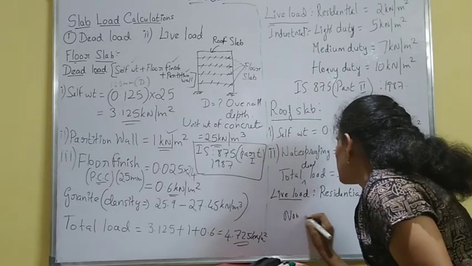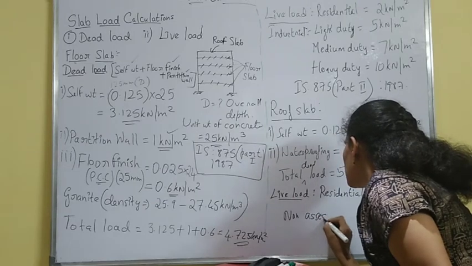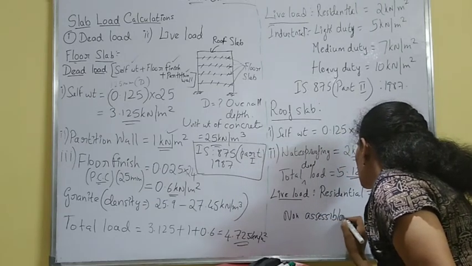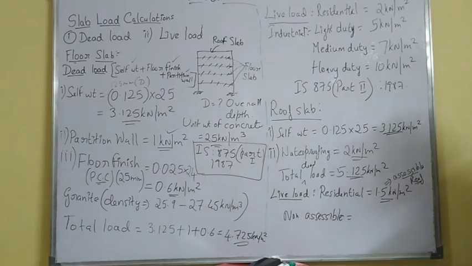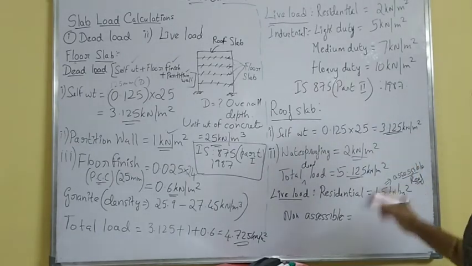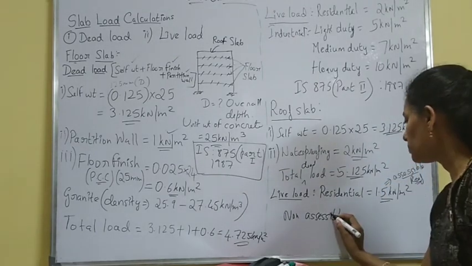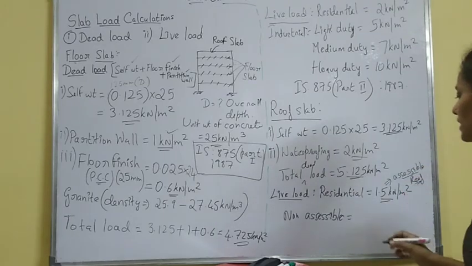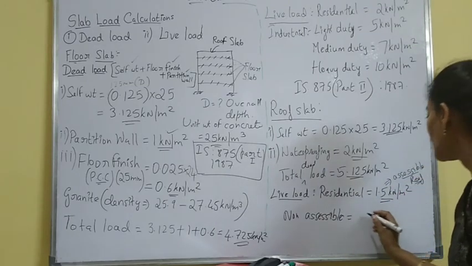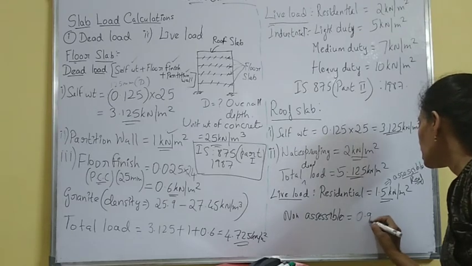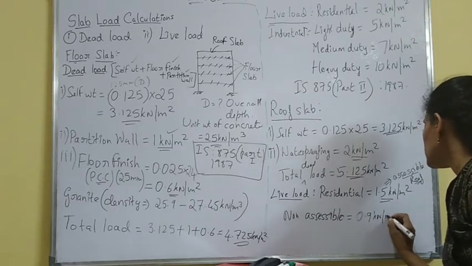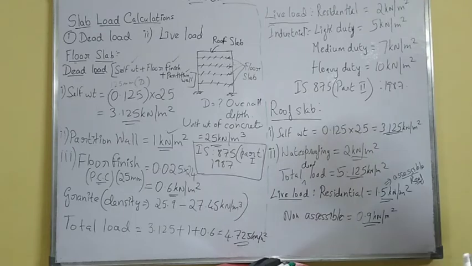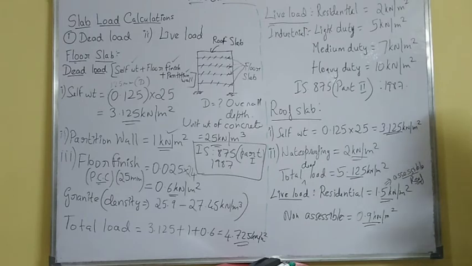If it is non-accessible, that is, you are not using the roof for any purpose, but only for some maintenance work, then the live load can be taken as 0.9 kilonewton per meter square. This is all about slab load calculation.